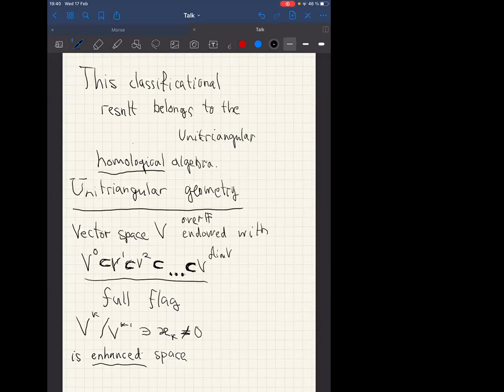We take a full flag in the space, V0, V1, V2, etc. And we fix in each quotient line an element, and this element is non-zero. So the stabilizer of that enhancement is exactly the unitriangular group, of course.